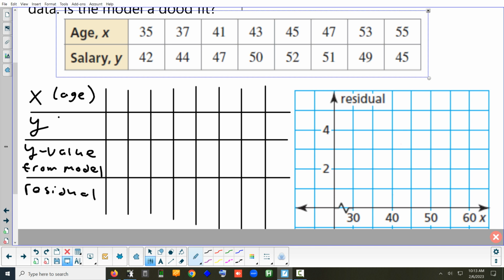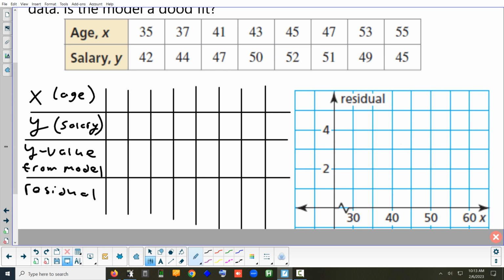And Y, in this case, is salary. Right? So can somebody tell me, what are my X values that I'm going to fill in the top row? Yep. 35, 37, 41, 43, 45, 47, 51, 53, 55. Perfect.